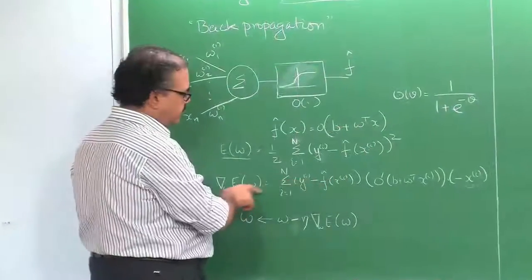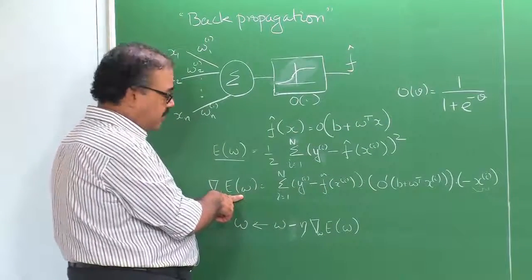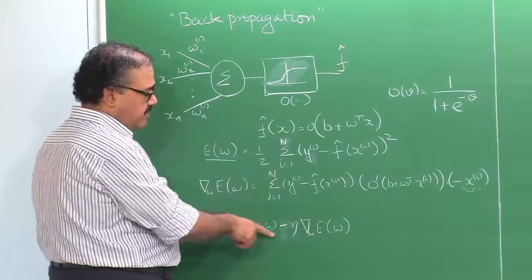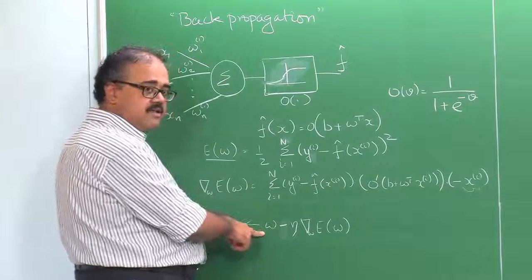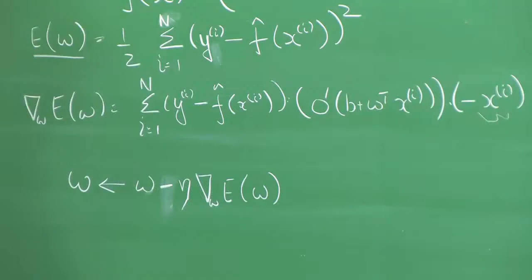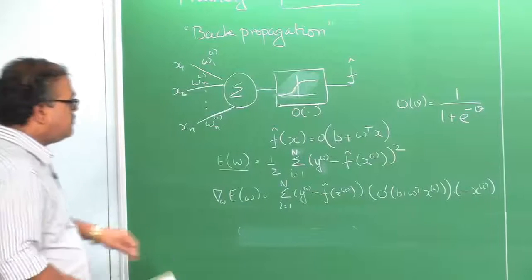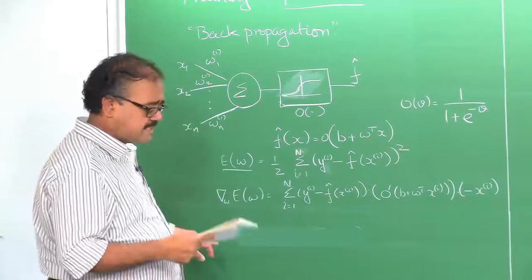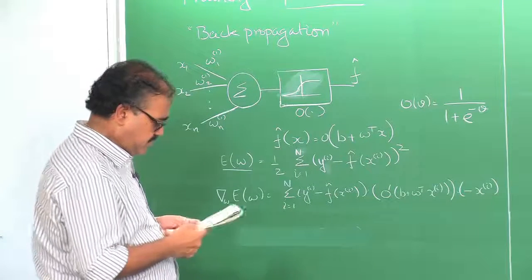Once you have computed the gradient of the error with respect to the weights, we change the weights in the direction opposite to eta times the gradient, where eta is the step size parameter. So, this works fine when you have a single neuron.